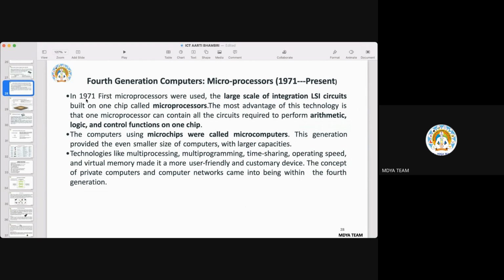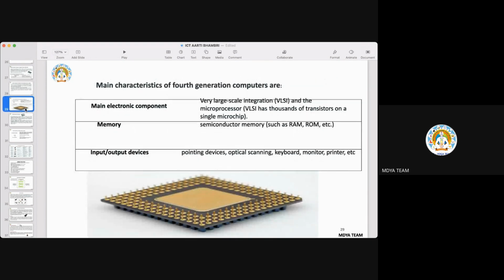So this generation provided even smaller size of computers with large capacities. They are multi-processing, multi-programming, time sharing, their operating speed is high, virtual memory made them more user-friendly and customary devices. So this is all about the fourth generation.